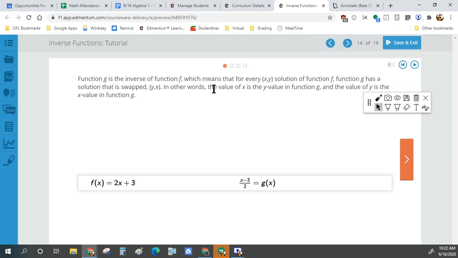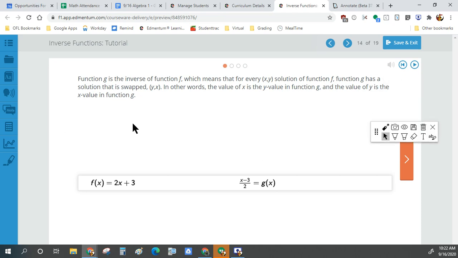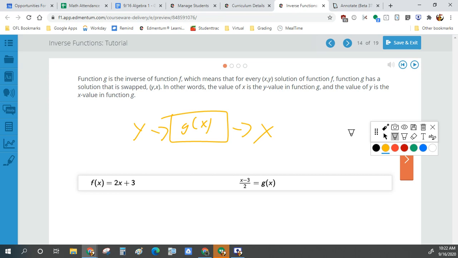Which of the following solutions: for every xy solution of g of x, swap with xy, and so on. In other words, in function g, the value of y is the value of x. This is super confusing. It's just saying that if you have a y going into your g, it's going to spit out an x. This is an inverse.